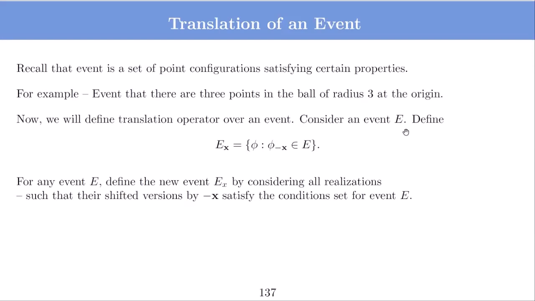Consider an event E, then define E x as made from all realizations such that phi minus x belongs to E. It means phi minus x has the property E.